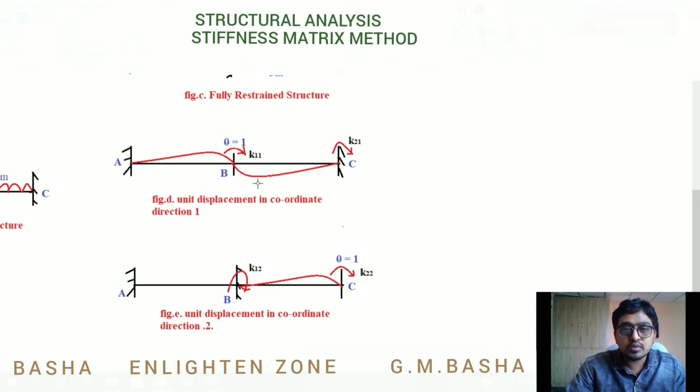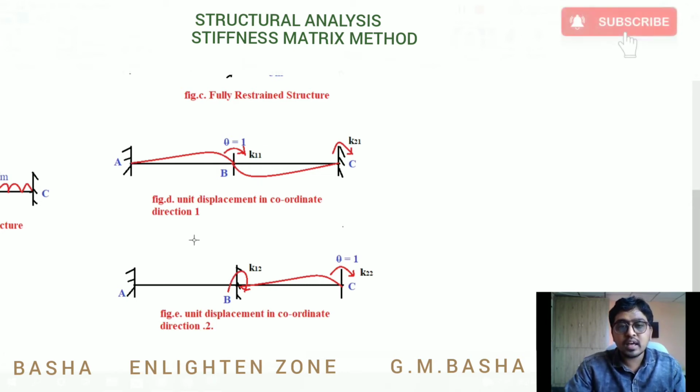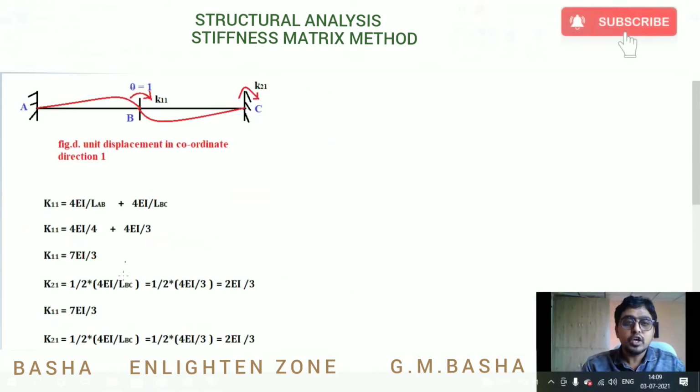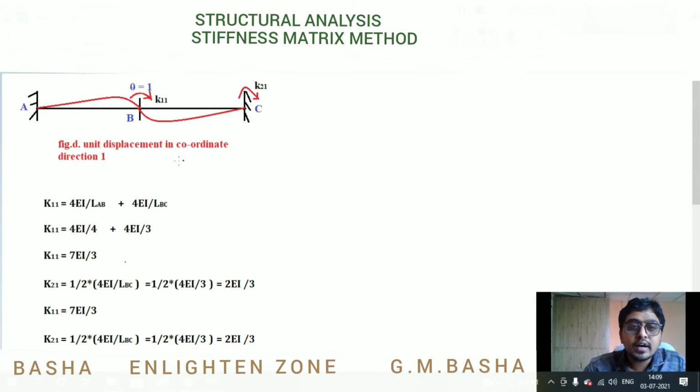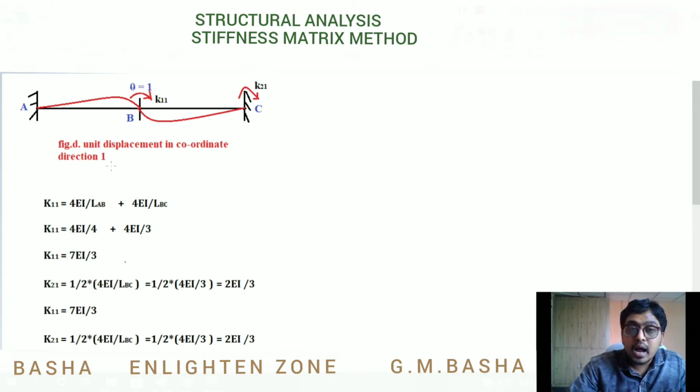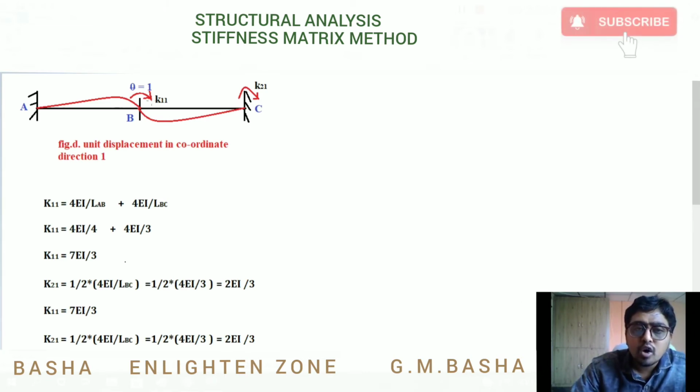See here, if you observe this diagram also, I will explain these two diagrams one by one. See here, unit displacement in a coordinate direction. We are releasing this structure at B, and we are applying unit coordinate at B. Unit displacement: releasing the structure at B and applying unit displacement at B, the beam will get displacement like this.